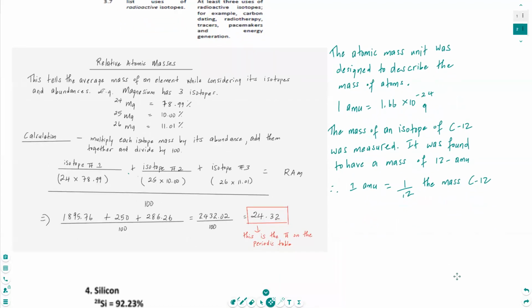So what was done is that the isotope carbon-12 was the one that was measured, and then all other elements were measured in comparison to carbon-12. So we didn't go ahead and measure the mass of every single element on the periodic table. We measured the carbon-12, found the mass of the carbon-12, and then we compared all other elements to it.